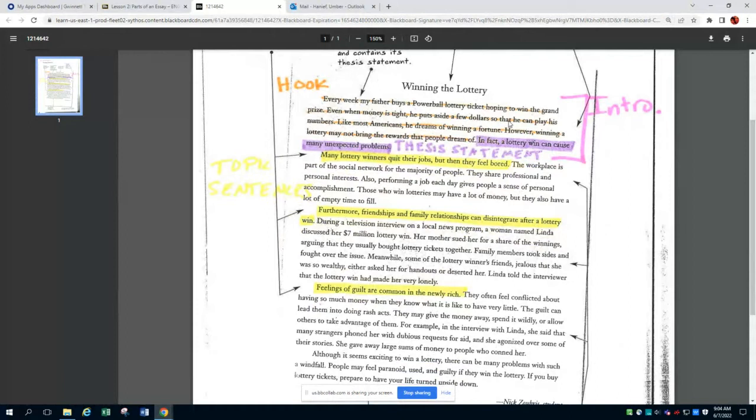The introduction. Very good. What is the last paragraph called? Conclusion. And the 3 middle paragraphs? The body. Body paragraphs, right? So we have 3 basic parts.